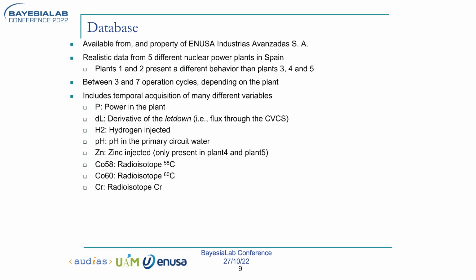So there was some work of data homogenization in order to make the database usable from the point of view of the temporal acquisition. But we can find a time series of power in the plant, which is measured as a percentage of the maximum power that the plant is able to give.